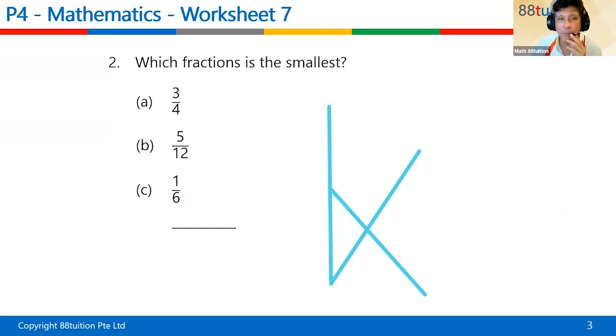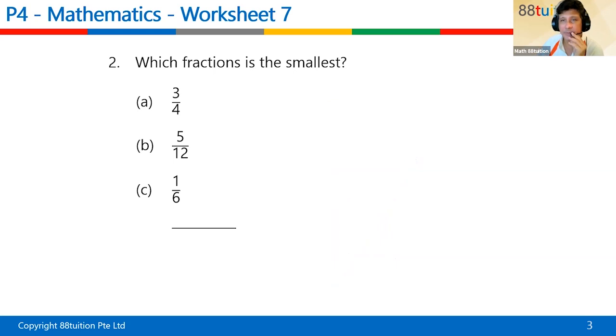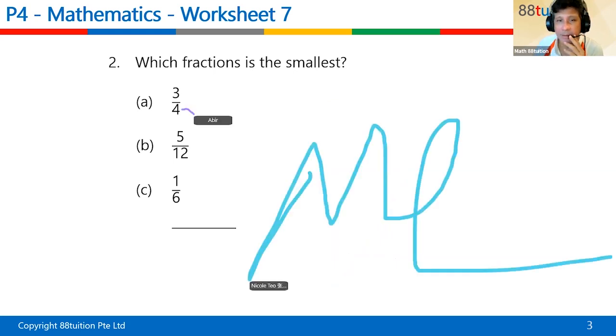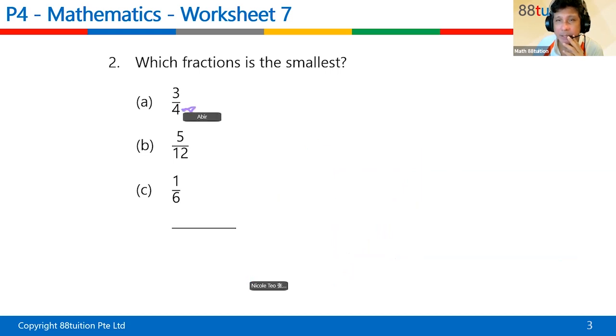Abir, what do you think the common denominator is for 4, 12, and 6? Nicole, we let Abir do first. Yeah, Abir is doing now. I think he's got, yes, multiply by 3. Very good. So it is actually going to be 12.